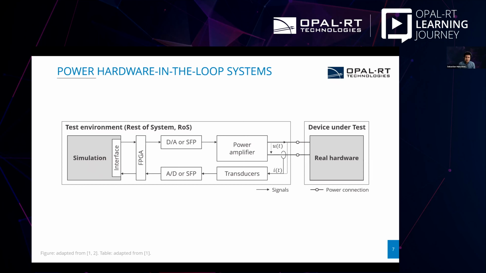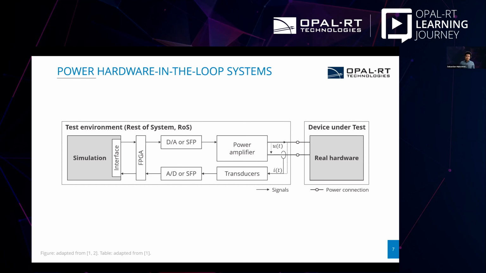As we will see on the following slides, the efforts of setting up such a PHIL testbed are quite high, while having to think about stability and accuracy issues. However, it enables us to test real hardware power devices. In the end, the realism of such a setup is quite dependent on the respective use case, we can say.